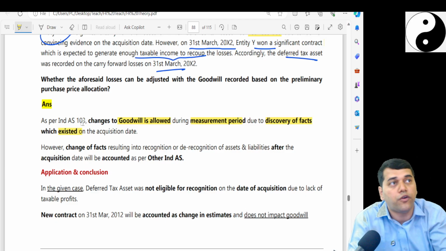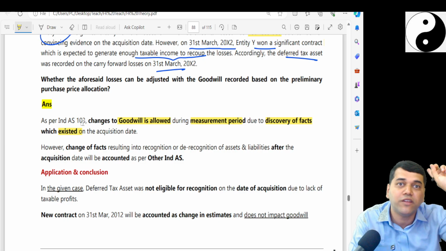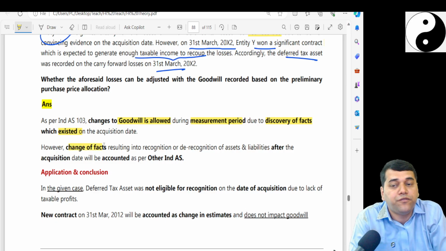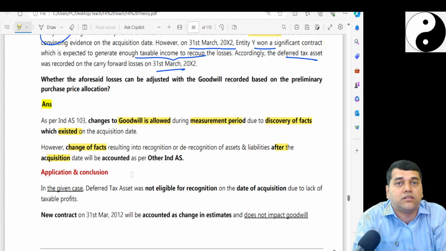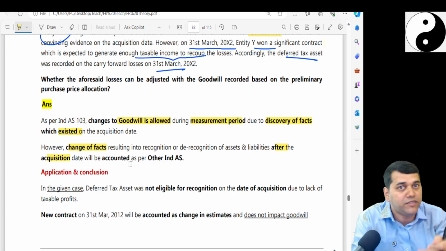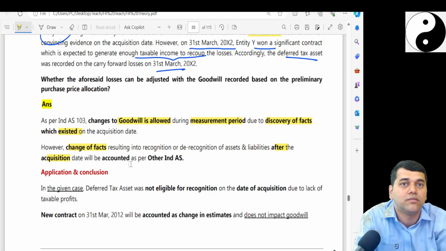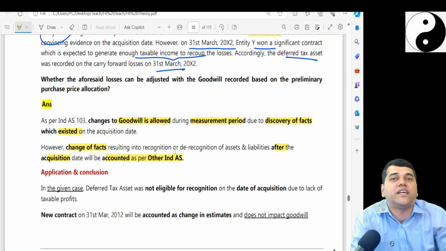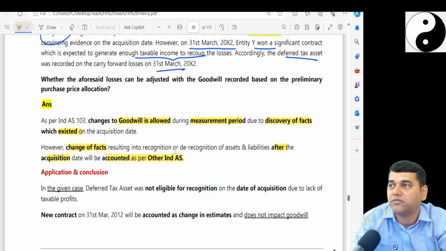You found out something new later, but it was existing on that day. However, if any fact changes after the acquisition, even though it is within the measurement period, you will not adjust it to the goodwill. You will adjust as per whichever other standards say. And Ind AS 12 says, take deferred tax assets to the P&L account.